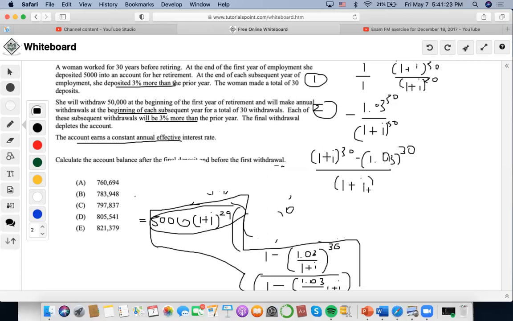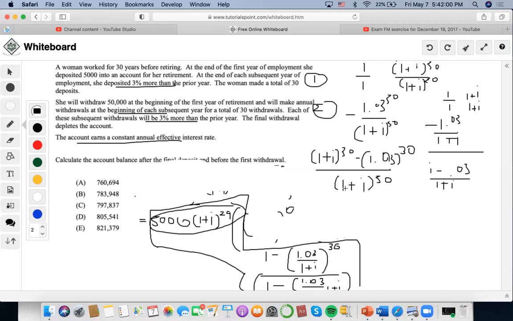Okay, so I fully simplified the numerator of this part, right? Now this part is going to be, so then this one will become i minus 0.03 over 1 plus i, right?